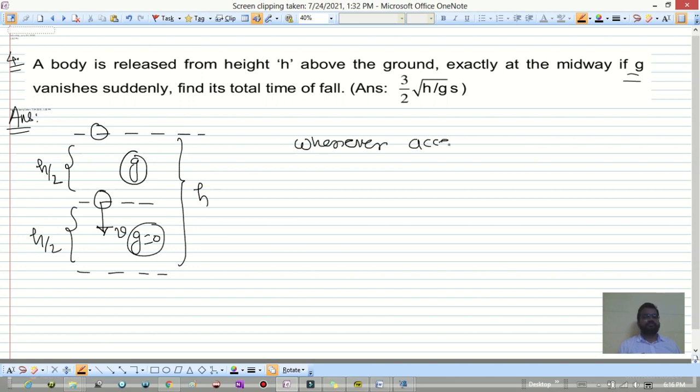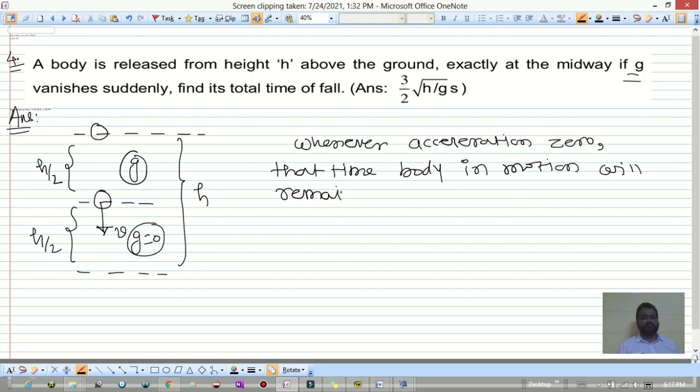Vanishes indicates 0. Whenever acceleration is 0, a body in motion will remain in motion.